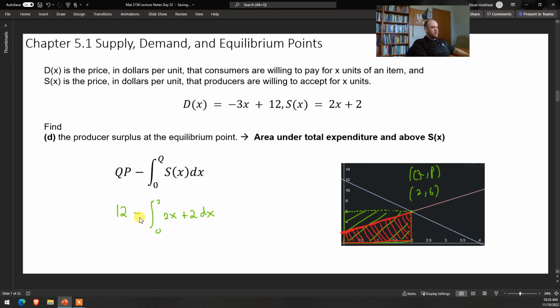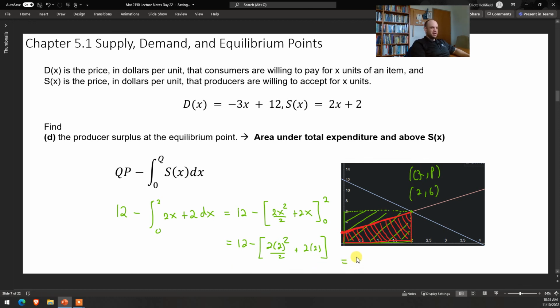So we do 12 minus the integral from 0 to 2 of 2x plus 2. That gives us 12 minus 2x squared over 2 plus 2x evaluated in between 0 and 2. That is 12 minus 2 times 2 squared over 2 plus 2 times 2.